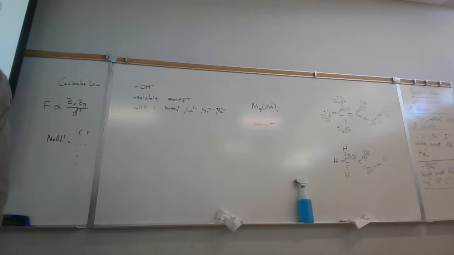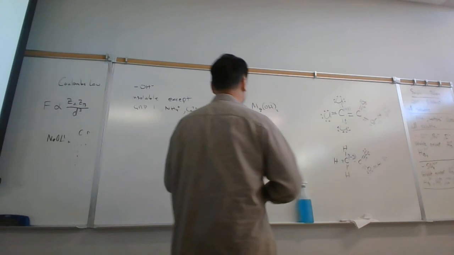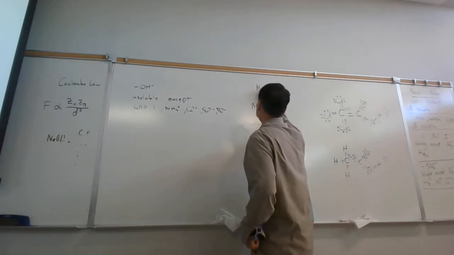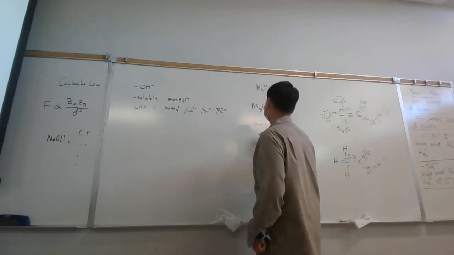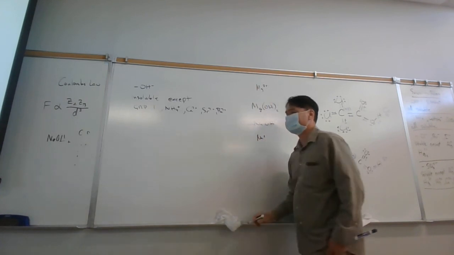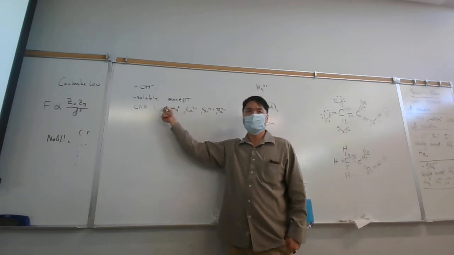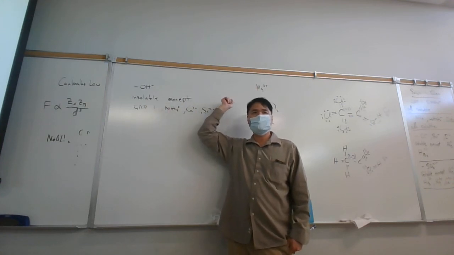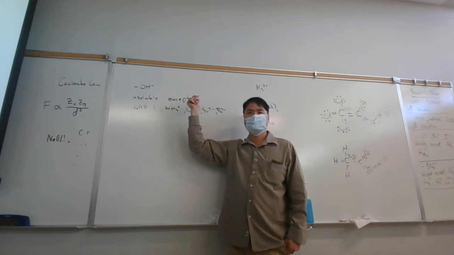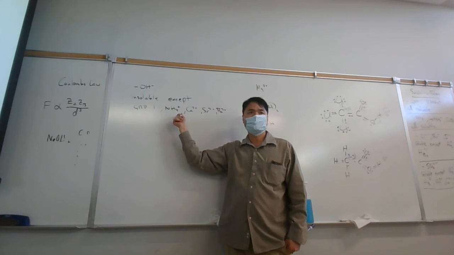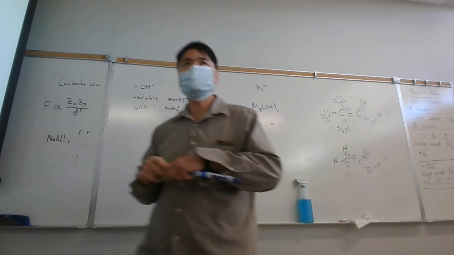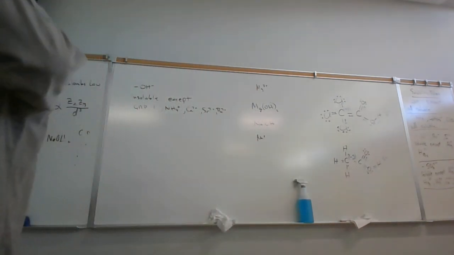If we think about this, the big difference here is this. Magnesium is 2+, sodium is +. Sodium hydroxide is soluble in water. Magnesium hydroxide is insoluble. If magnesium hydroxide is insoluble, what that means is the hydroxide is locked in the lattice.